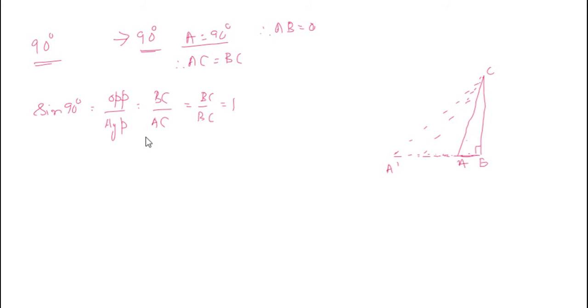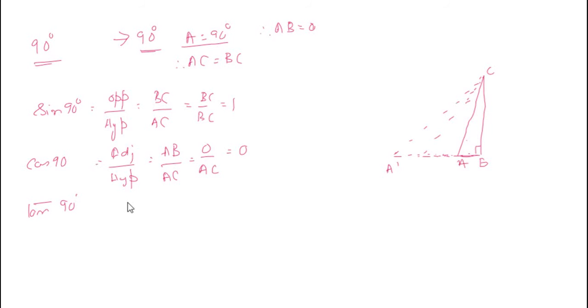So sine 90 equal to 1. Now cos 90. Cos 90 is adjacent divided by hypotenuse. Adjacent is AB. AB by AC, but AB will be 0 when A becomes 90 degree. So it is 0 divided by AC, so value is 0. Cos 90 is 0.